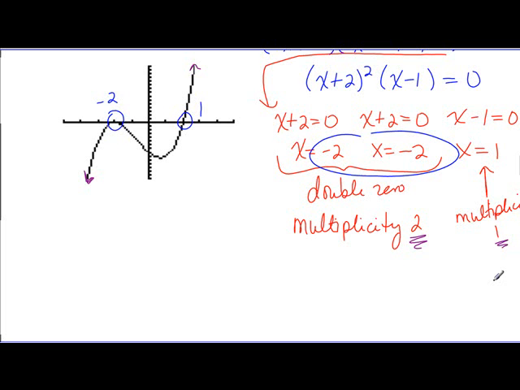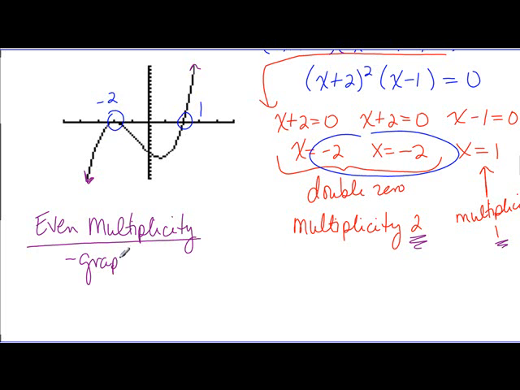So when you have even multiplicity, the graph touches the axis and turns around or bounces off. So the way I like to talk about that is I like to say that the graph bounces on the axis there.